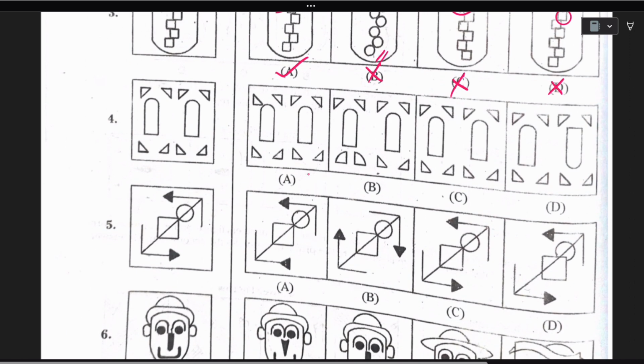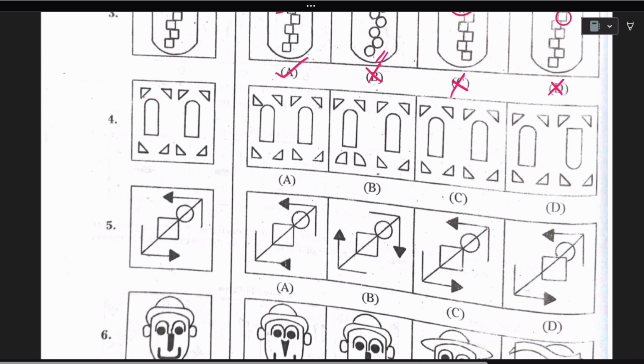And next, in the fourth one, the triangles are there, and we have to select the one. So just check whether we could eliminate any one figure here or not. See, in the last one, D, these ice cream shaped figures face towards the up direction, but here one is up and one is down, right? So it is eliminated. And next check for the triangles.